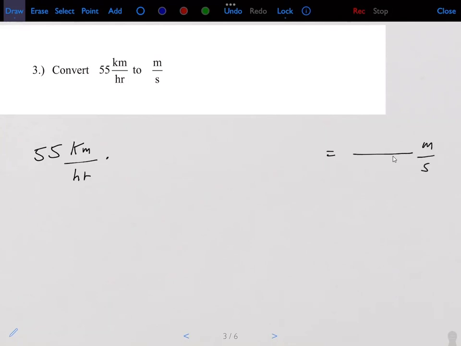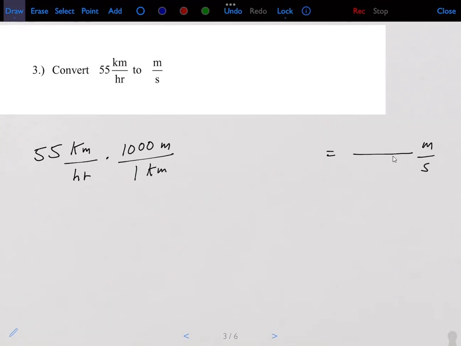So I can do this in steps. I need a bunch of unit conversion factors. First of all, I need to go from kilometers to meters. Well, I know that there's 1,000 meters in 1 kilometer. So I can write that as 1,000 meters over 1 kilometer.